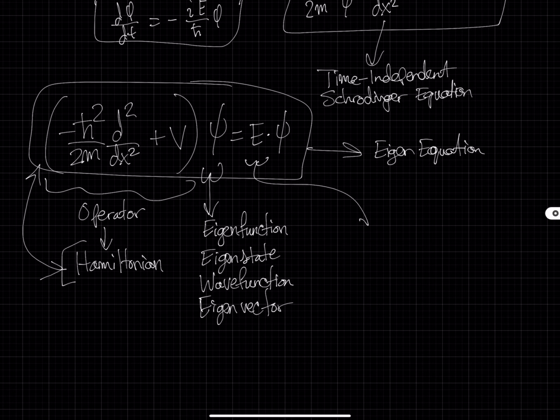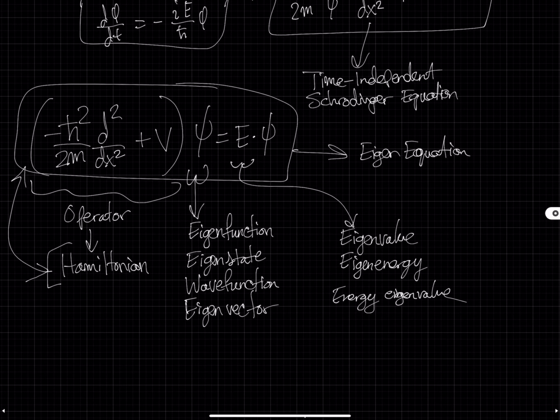And this is called our eigenvalue. We also tend to call it an eigenenergy in quantum mechanics. Oftentimes you see energy eigenvalue. There are some ways of writing that.